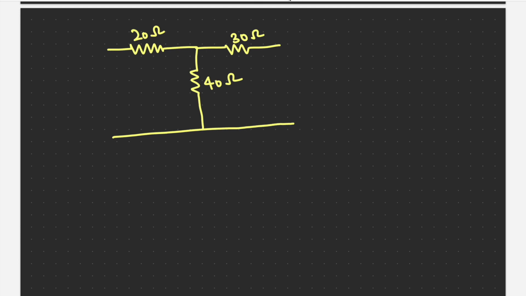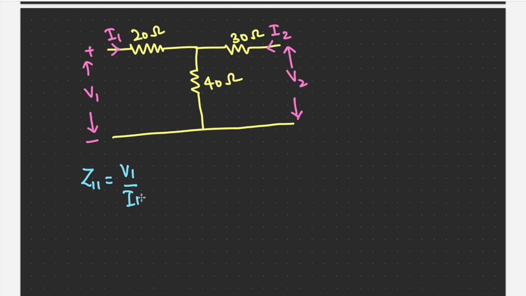We assume the current direction as I1 incoming and I2 here, the voltage across this is V1 and the voltage across this is V2. First of all we are going to find Z11, which is V1 by I1 when I2 equals 0, meaning this current is 0.